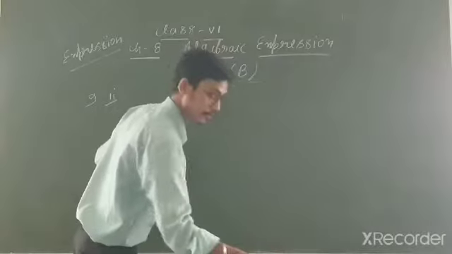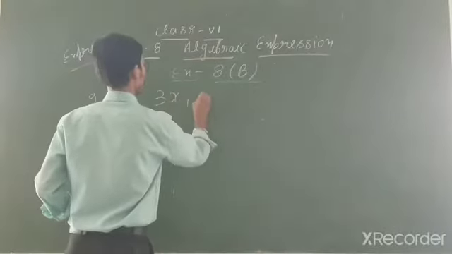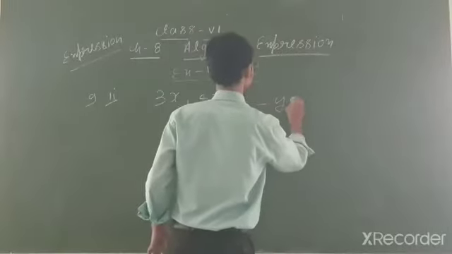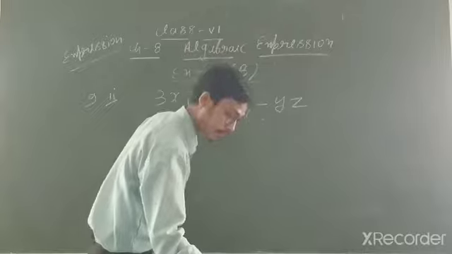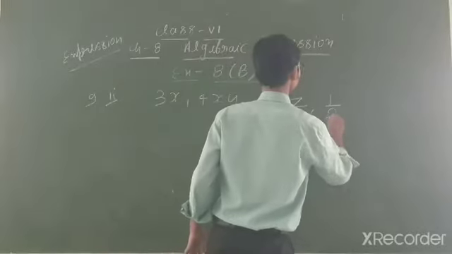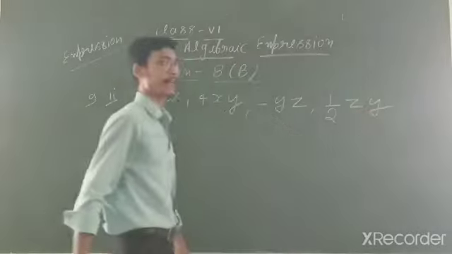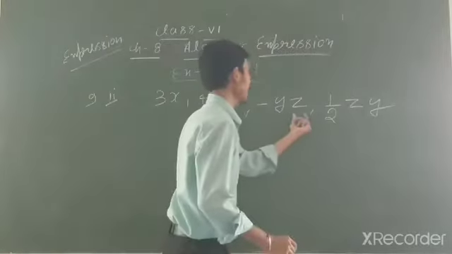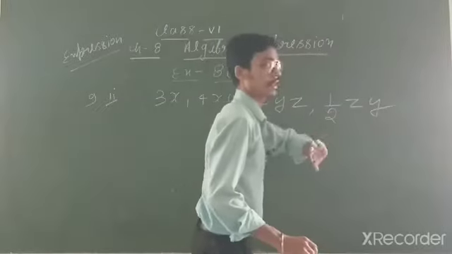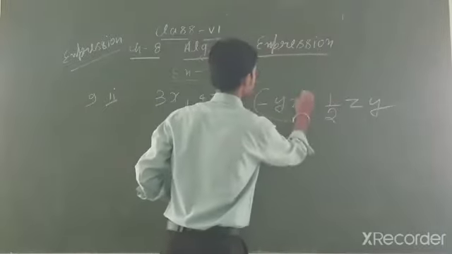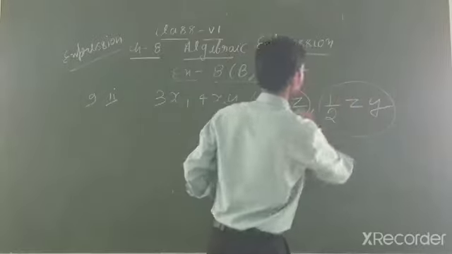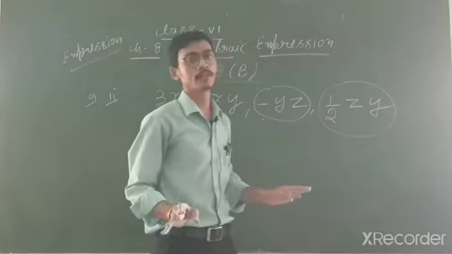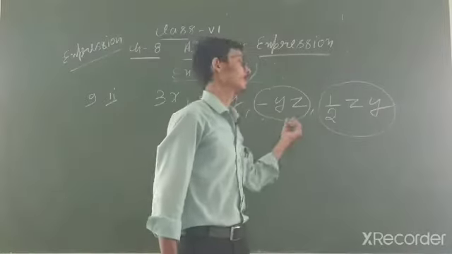What is given? 3x, 4xy, minus yz and 1 by 2 zy. Now you have to find the like terms in this, student. So here x is given, but here xy is given, not like terms. Minus yz is given and 1 upon 2 zy. So student, tell me, are this minus yz and this 1 upon 2 zy like terms or not? See carefully: minus 1 and 1 by 2, there is no matter of this, because what I explained is you have to see only the variables.